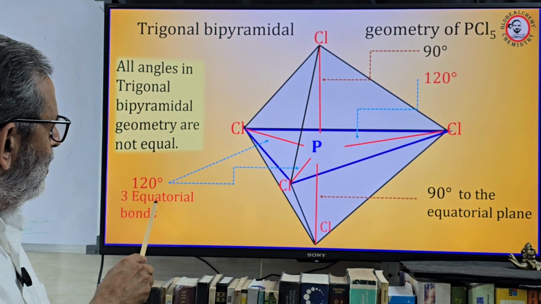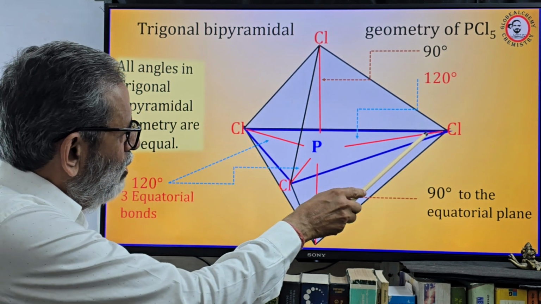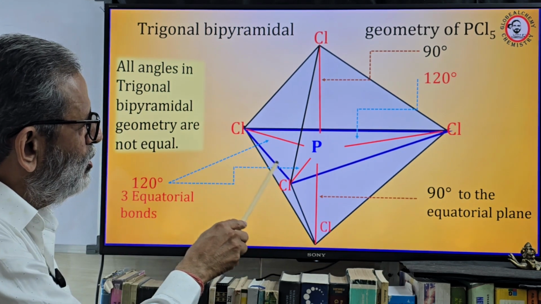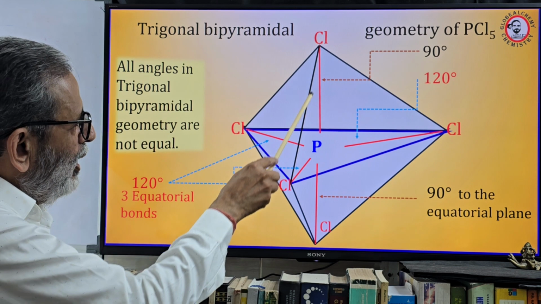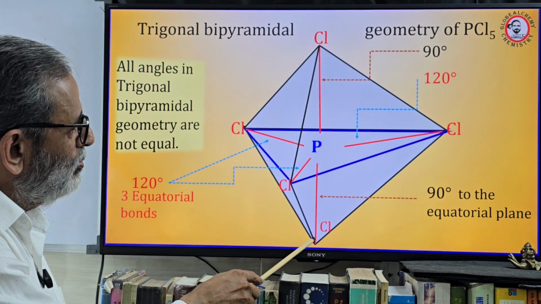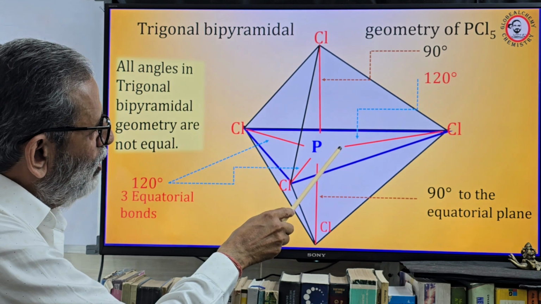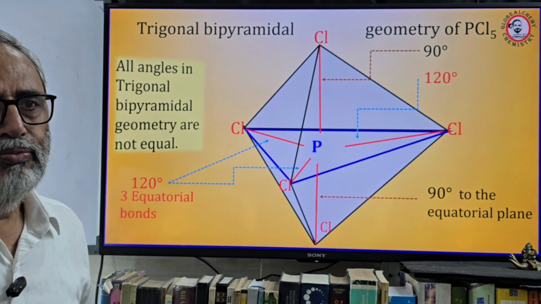You can see here. And these bonds are the equatorial bonds. These are in one plane. This is known as the equatorial plane. And these are the axial bonds. And these have 90 degree angles to the equatorial plane.